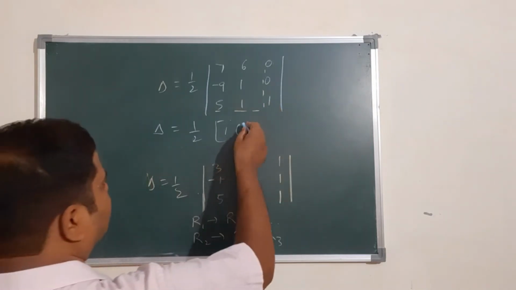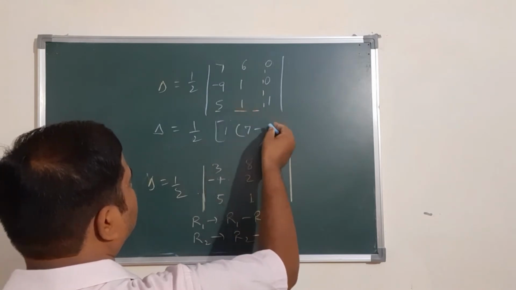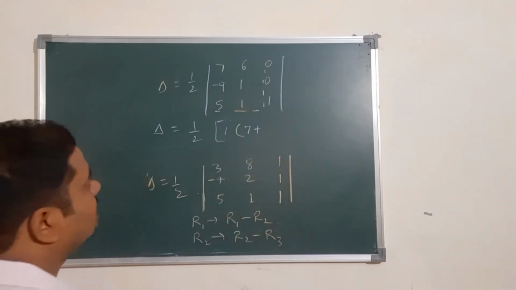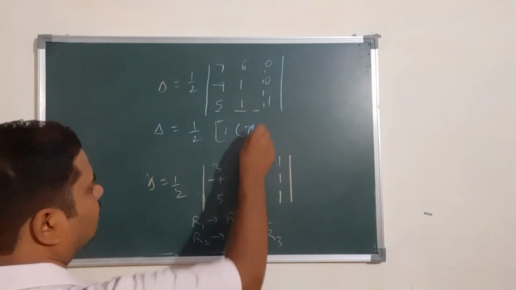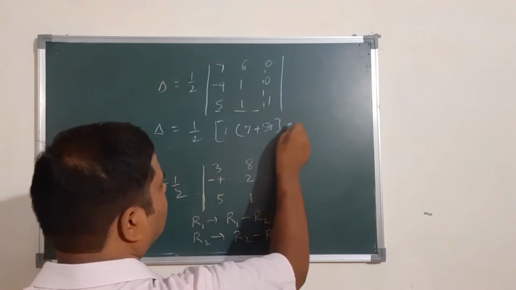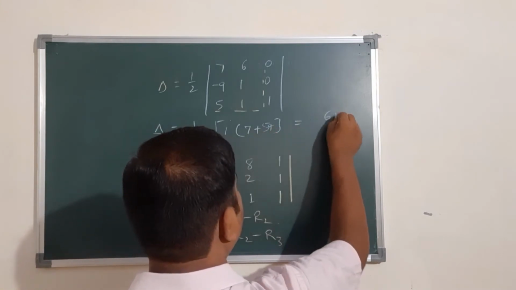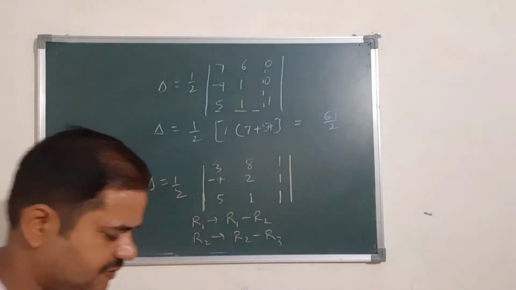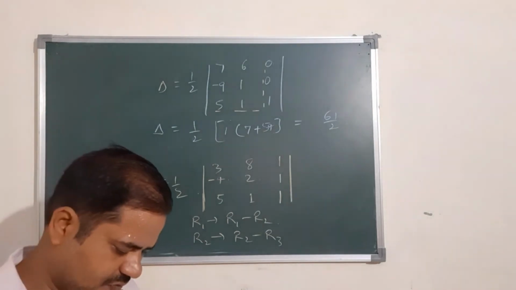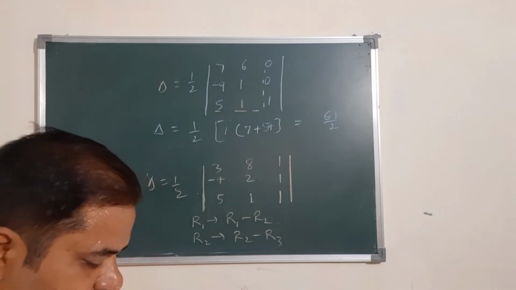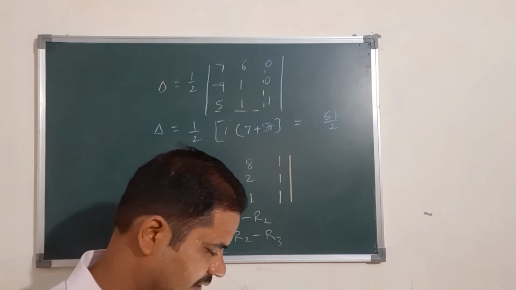So 7 plus 54, which is 61. So this is 61/2 square units. Yes, it is correct.